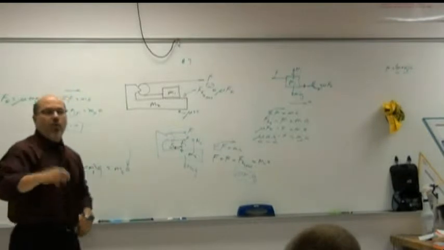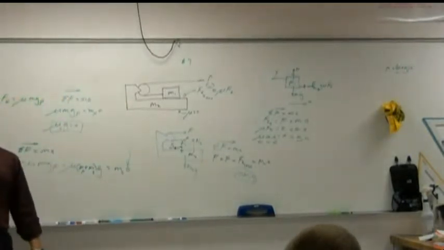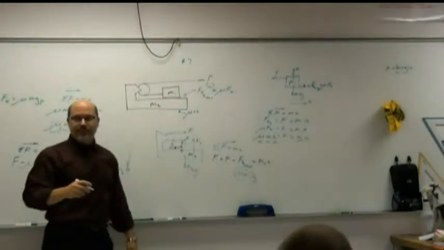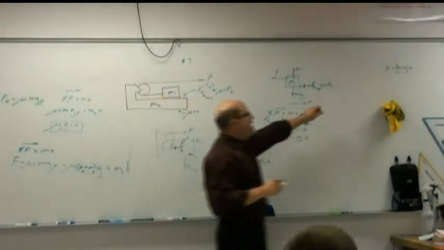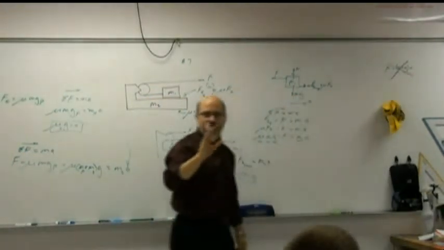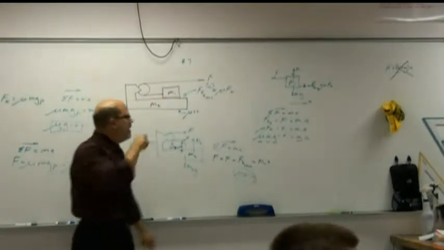Now, what would change if it slipped? Could we write this equation? No, this one goes away. That's not possible to write because they don't have the same acceleration. What changes here?